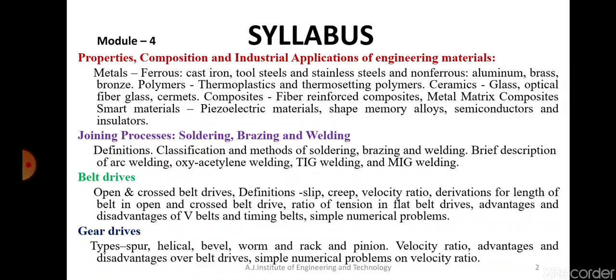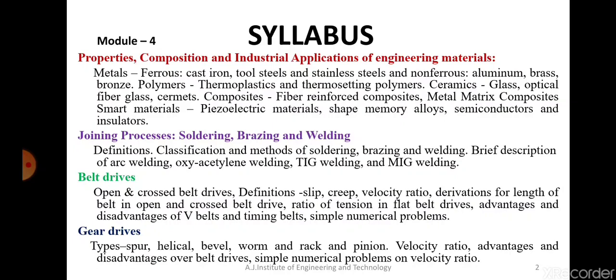I'm sure you would have heard of composite materials. Different categories of composite materials are FRCs and MMCs, that is fiber reinforced composites and metal matrix composites. And also the advanced materials, what we generally call smart materials.